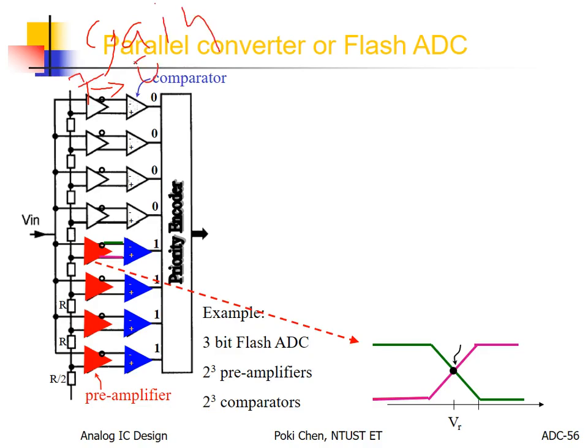But on the contrary, if you look from output to input, you will have the so-called attenuator. 从输入看输出，它是放大；倒过来看，它是缩减。What I'm talking about is, we have VOS for the comparator, but looking back through the preamplifier, the VOS of the comparator will be attenuated.